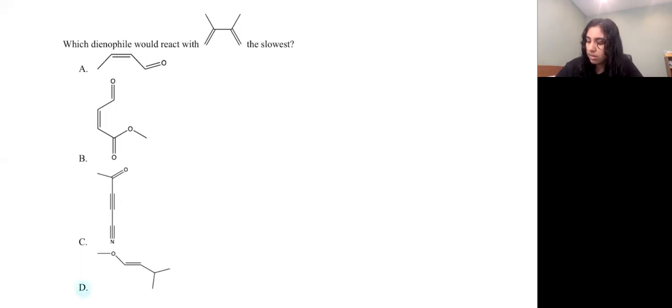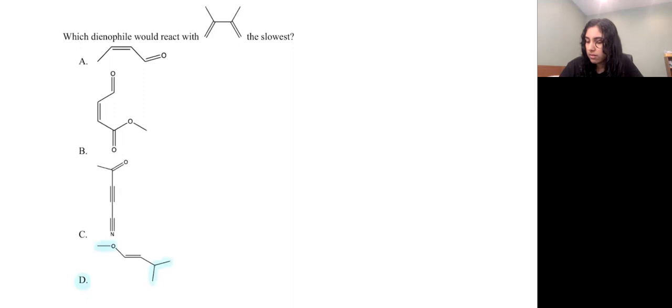So it would be D. D has electron donating groups, the ether and the isopropyl, which makes the dienophile much worse. And then the rest of them all have electron withdrawing groups on them, so they would react pretty quickly.